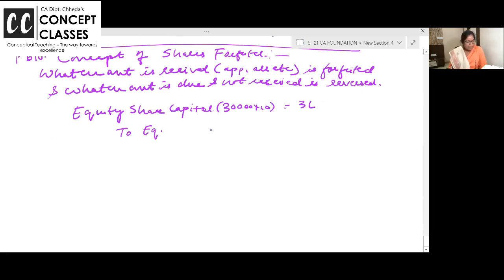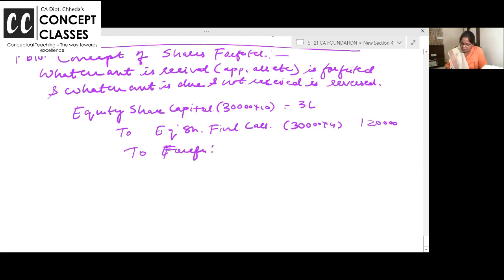To equity share final call. See, final call was due and not received, 4 rupees, 30,000 into 4, 1,20,000.